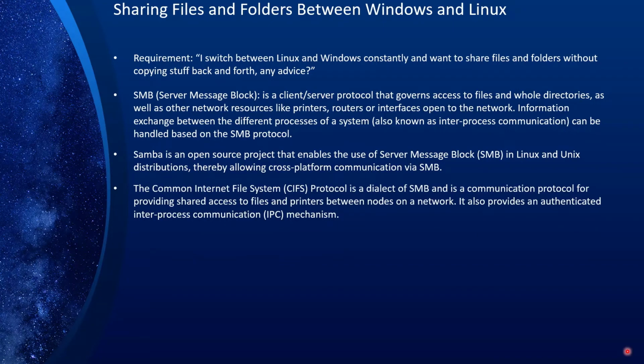Specifically, the dialect, the version of SMB that we're going to use as a client on Linux, is called CIFS, or Common Internet File System, a communication protocol. Again, it is based on SMB and provides sharing of resources between Linux and Windows.